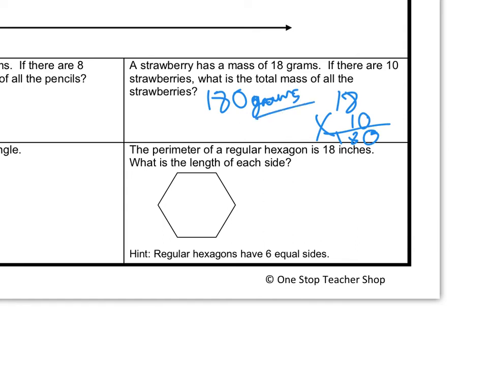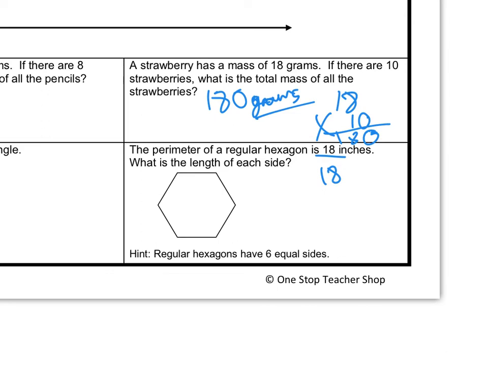So here's our last question. The perimeter of the regular hexagon is 18 inches. What is the length of each side? In total, what we're going to write here is 18, because that's how many total inches the perimeter of the hexagon is.